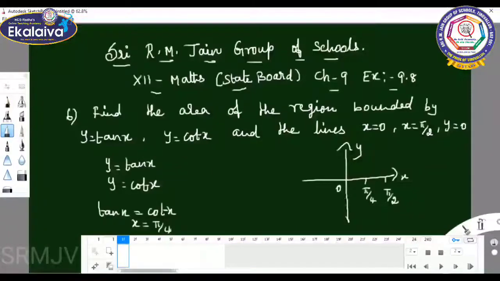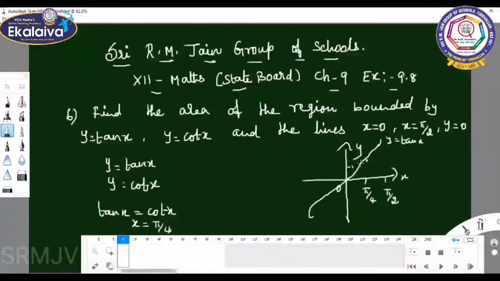Tan 0 value is 0, tan pi by 4 value is 1, and tan pi by 2 value is infinity. So the curve is like this. It is y equal to tan x.